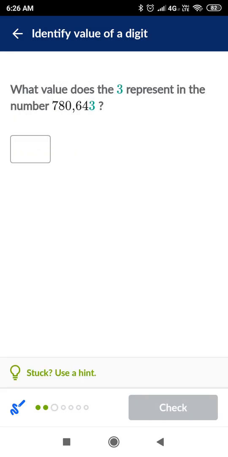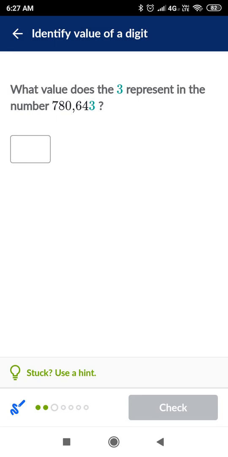What value does 3 represent in the number 7,80,643? What is the value of 3? What value does 3 represent?